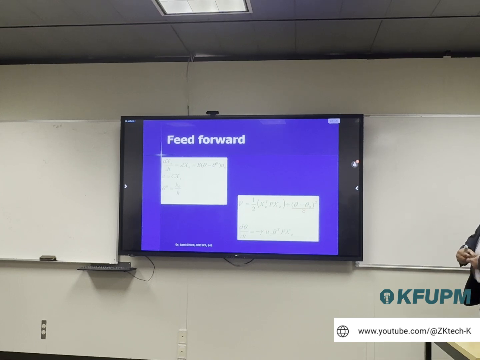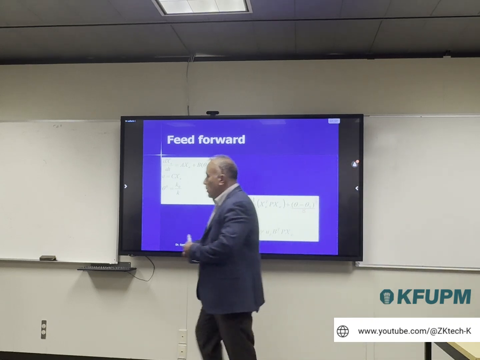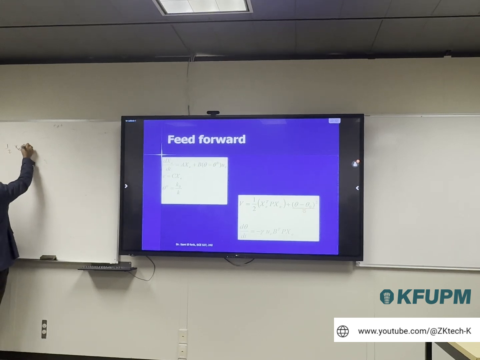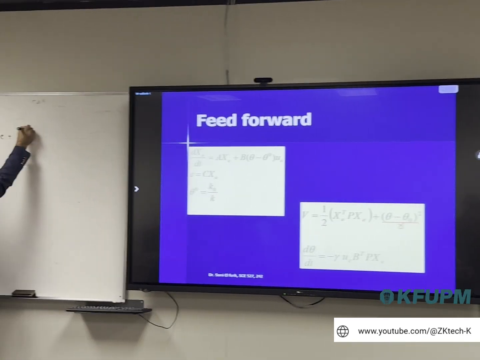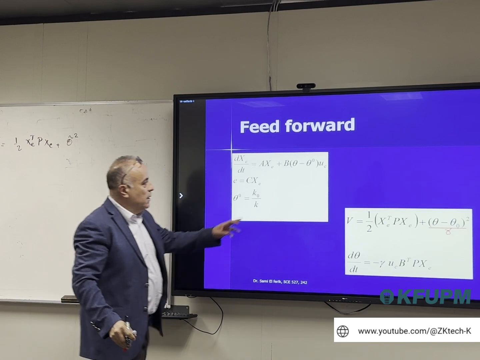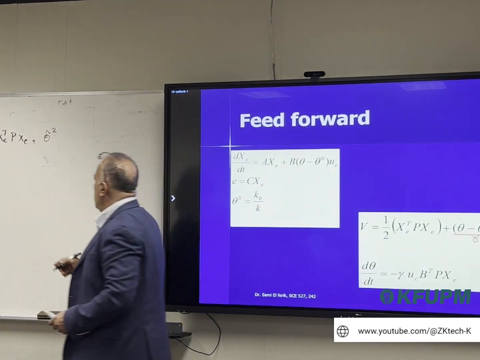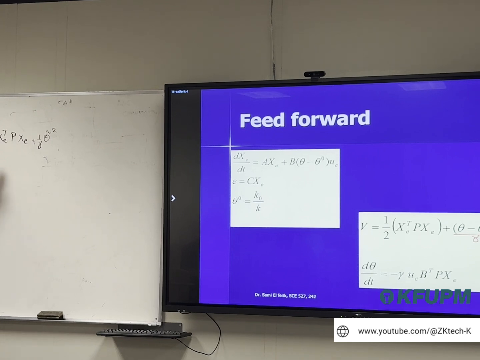Right. So basically, this is what it is. We have to look at the Lyapunov function. So the Lyapunov function is equal to half xe multiplied by B multiplied by xe transpose multiplied by e plus theta tilde squared. I'm going to call all this theta tilde, this term. And we are going to put 1 over gamma here as a factor that will allow me to balance between the state error and the convergence of the parameter theta.